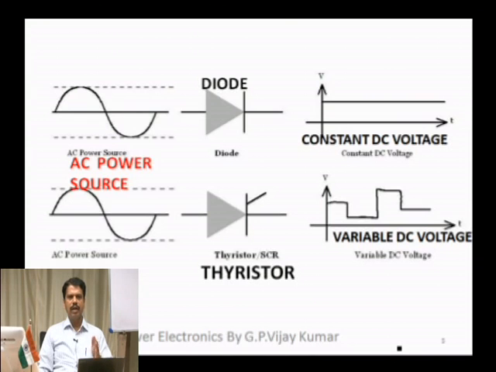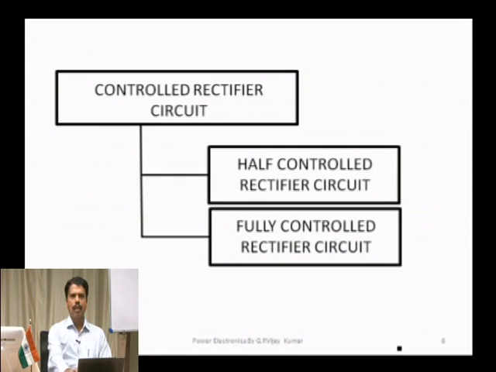Thyristor is useful because we can fire it at a desired angle, so that we get the desired, that is a variable, output voltage. Controlled rectifier circuits are again classified as half controlled rectifier circuit and fully controlled rectifier circuit.